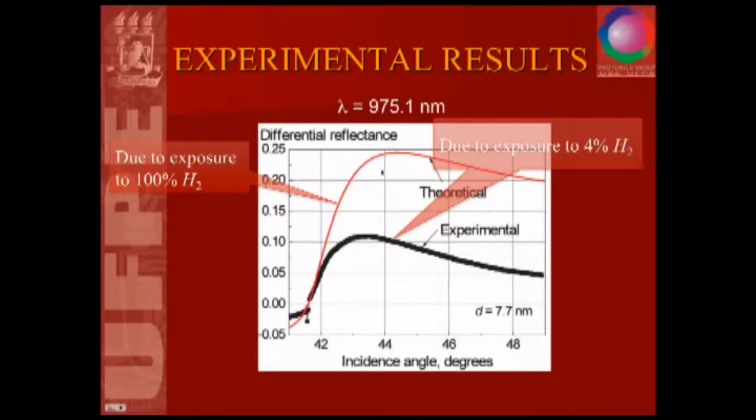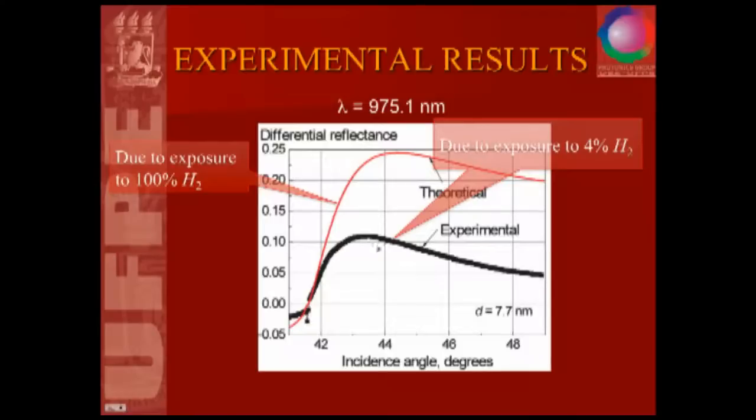We cannot linearize the theoretical curve measured at 100% by Röttgen and Rubin down to 4%, because the way the optical constants change with hydrogen concentration is non-linear.